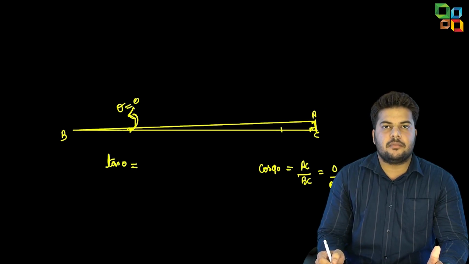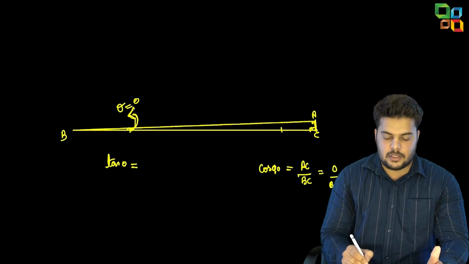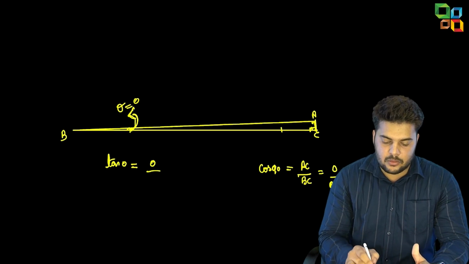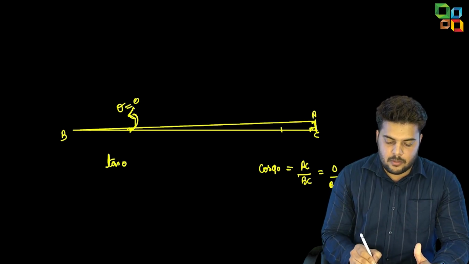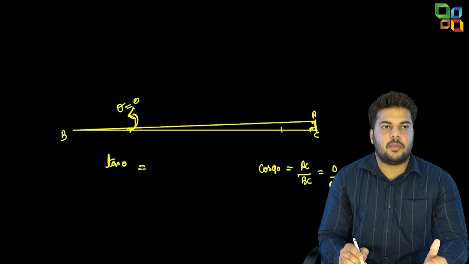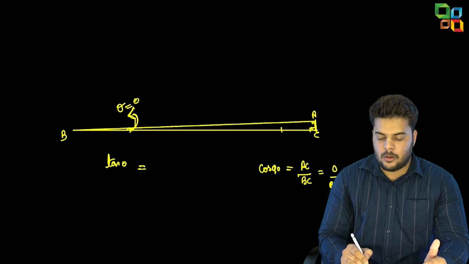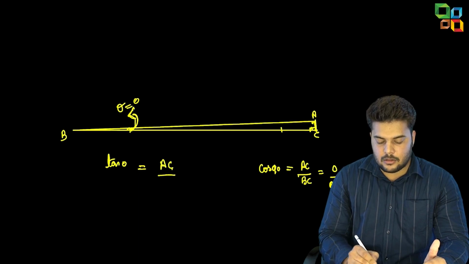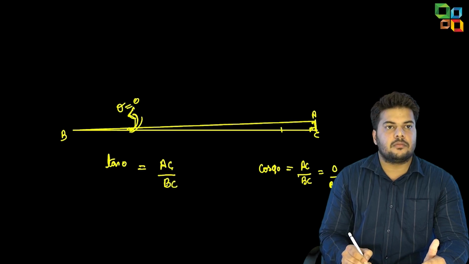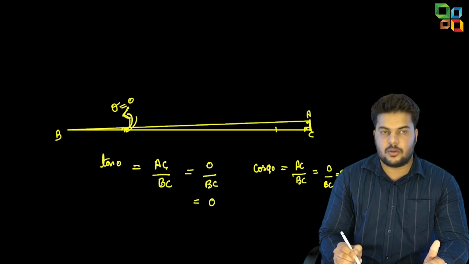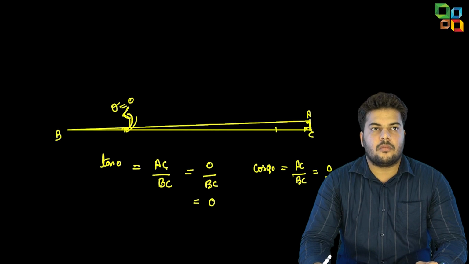The opposite side to 0 is AC, divided by the adjacent side BC. AC is 0, divided by whatever BC is. So tan 0 is 0.